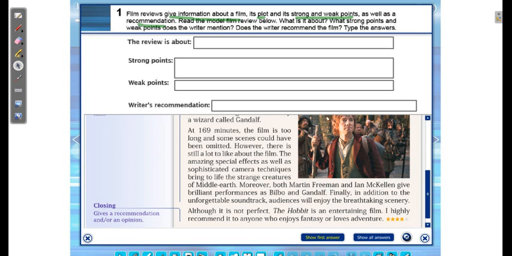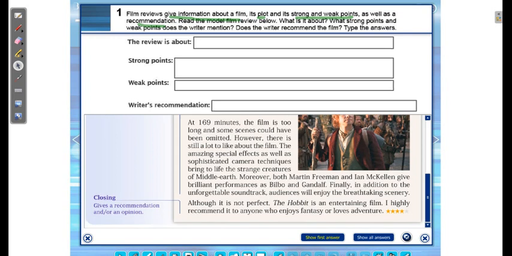Moreover, both Martin Freeman and Ian McKellen give brilliant performances as Bilbo and Gandalf. Finally, in addition to the unforgettable soundtrack, audiences will enjoy the breathtaking scenery. Although it is not perfect, The Hobbit is an entertaining film. I highly recommend it to anyone who enjoys fantasy or loves adventures.